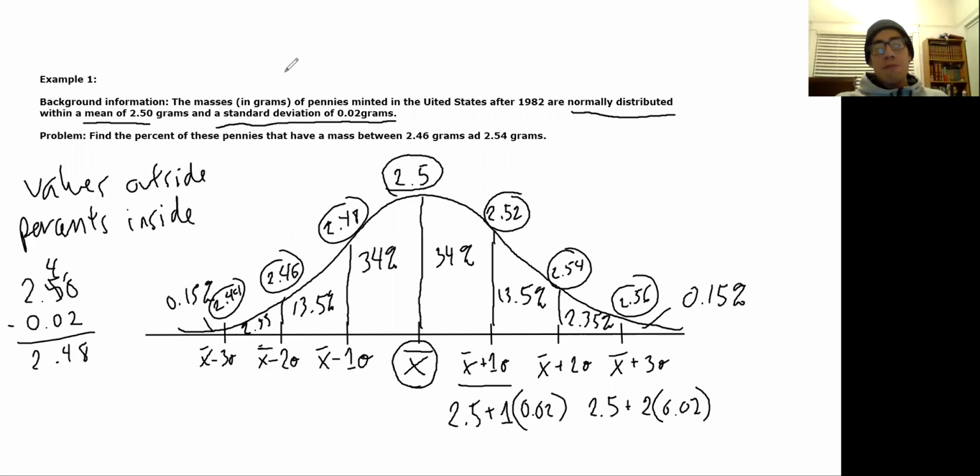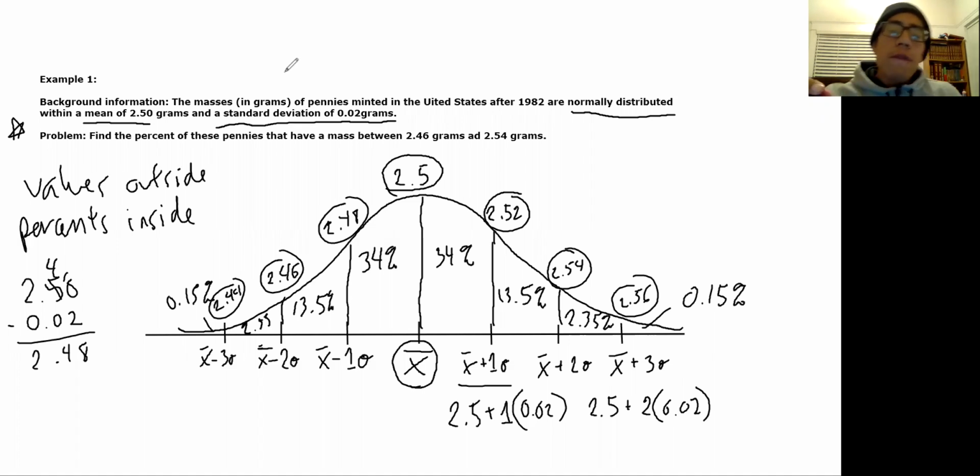Am I done? Well, turns out I just dealt with the background information. I haven't actually gotten to the actual problem. But don't worry, the problem is actually super simple at this point. The problem here says, find the percent of these pennies that have a mass between 2.46 grams and, that's supposed to have an "and" in there, sorry, typo, 2.54 grams.